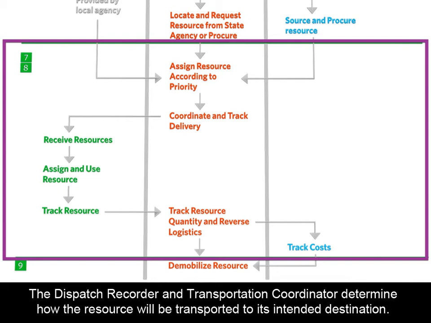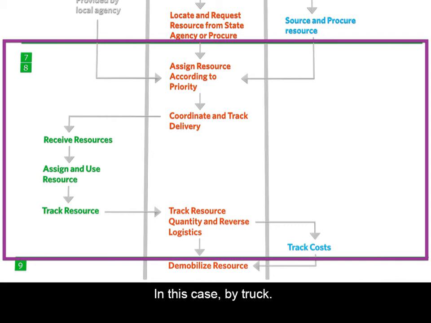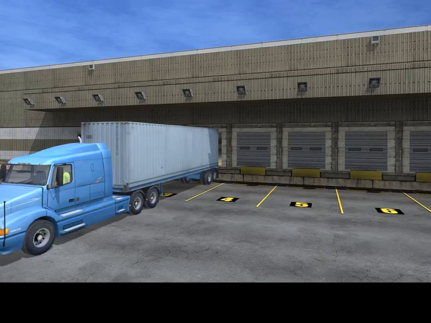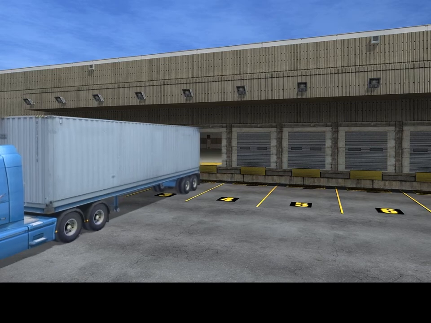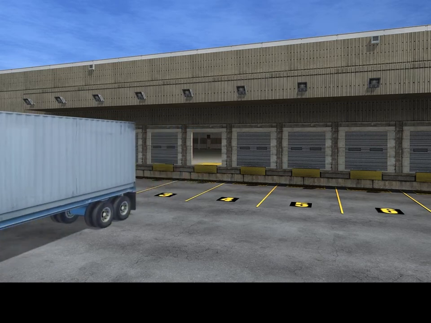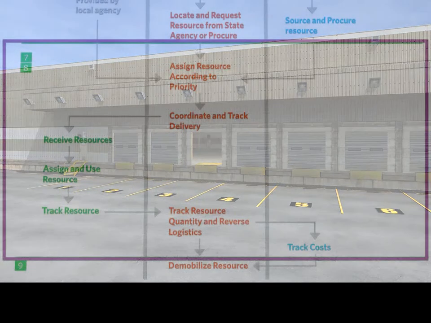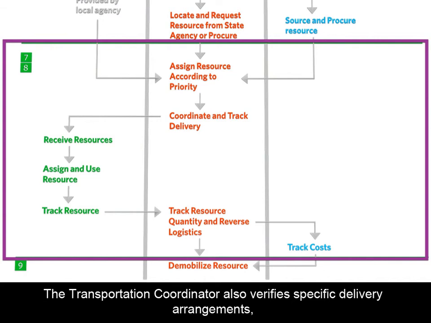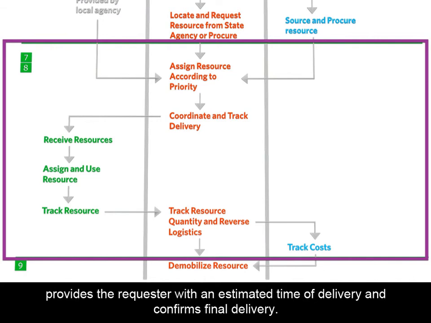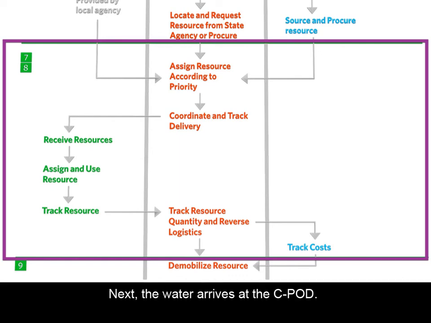The dispatch recorder and transportation coordinator determine how the resource will be transported to its intended destination, in this case, by truck. The transportation coordinator also verifies specific delivery arrangements, provides the requester with an estimated time of delivery, and confirms final delivery. Next, the water arrives at the CPOD.